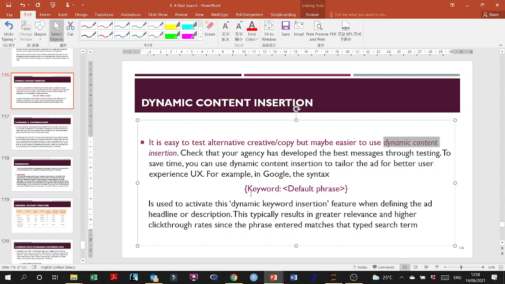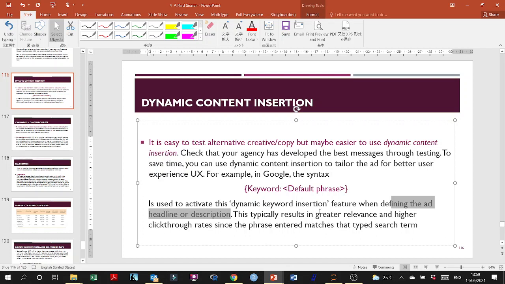For example, there's a syntax in Google like keyword and default phrase, which is used to activate this dynamic keyword insertion feature when defining the ad headline or the description. This typically results in greater relevance and a higher click-through rate.